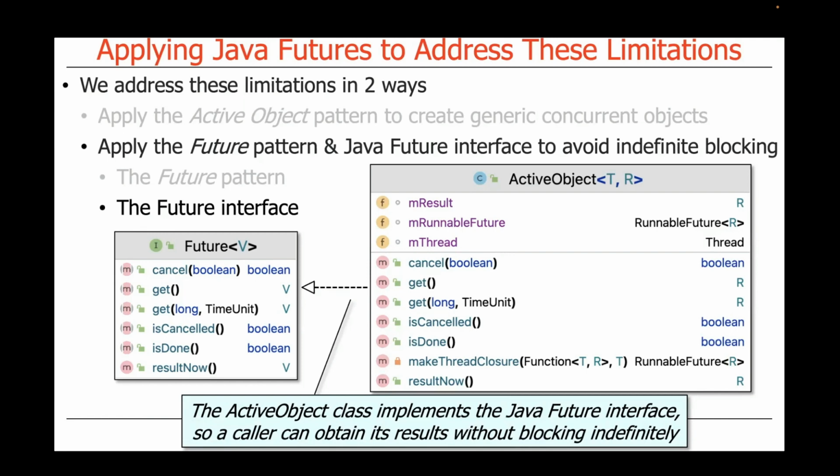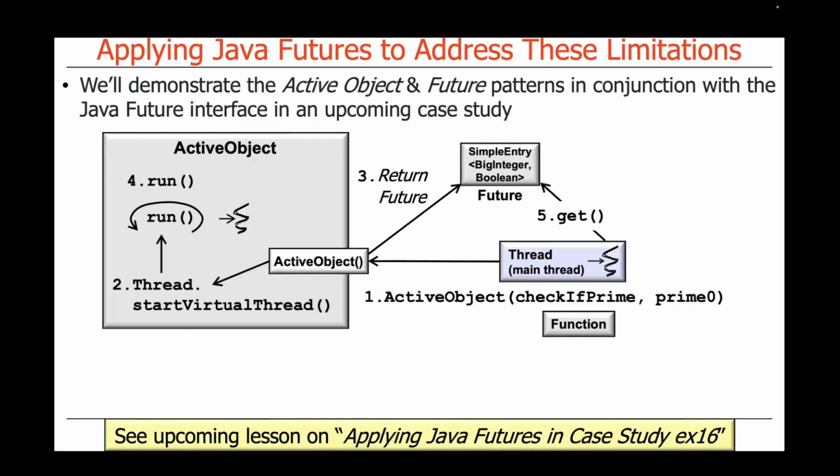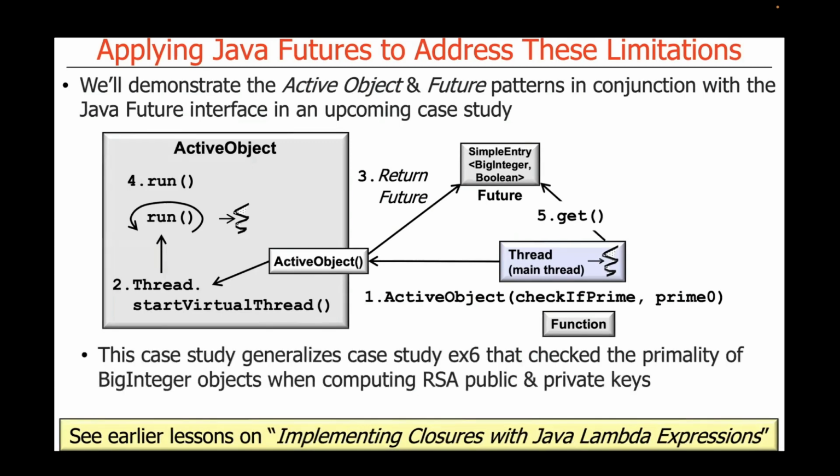We'll spend a lot of time talking through that and seeing how to use it in the context of yet another case study. In particular, we're going to demonstrate the active object and future patterns in conjunction with the Java future interface in an upcoming case study that we'll look at shortly. This case study generalizes the earlier EX6 case study that checked the primality of big integer objects when computing RSA public and private keys.